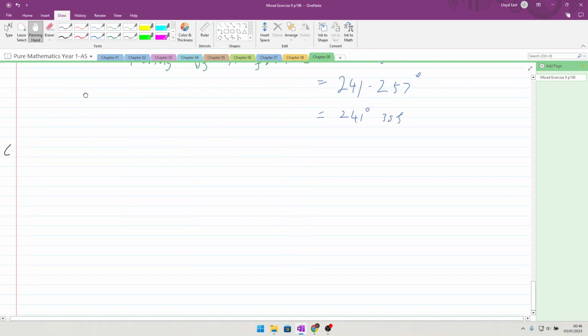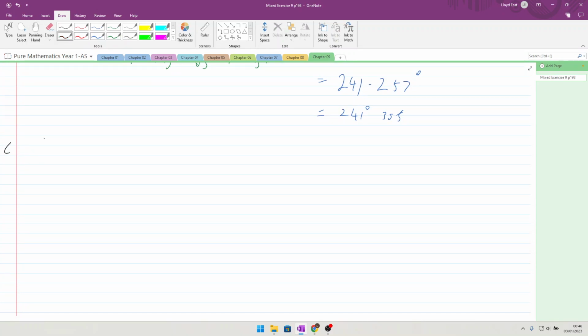So the area of the triangle is equal to a half AB sine C, which is going to be a half times 1.2 times 1.4 times the sin of 70.